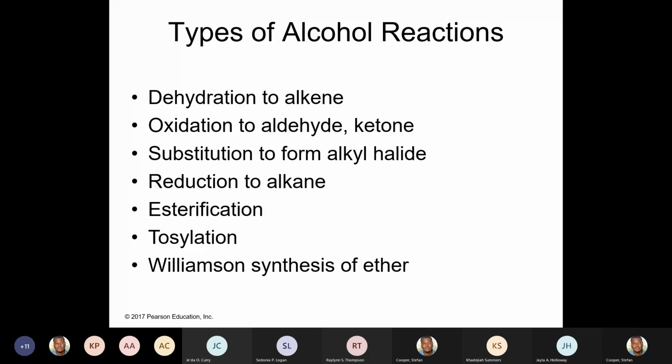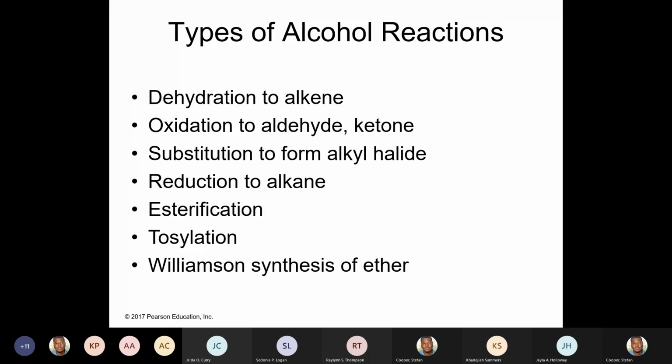That's going to generate an alkene. I can have an alcohol, and I can oxidize it to an aldehyde or a ketone. And you guys do know what aldehydes and ketones are, right? They typically contain a carbonyl. What's a carbonyl? A carbon-oxygen double bond. So when we oxidize alcohols, we gain a bond to oxygen.